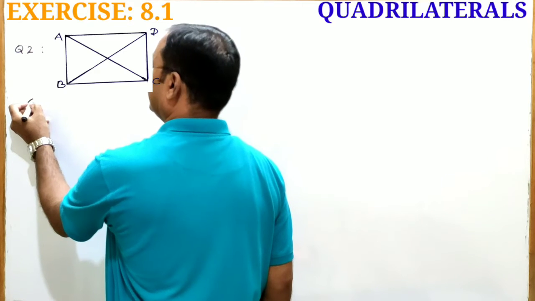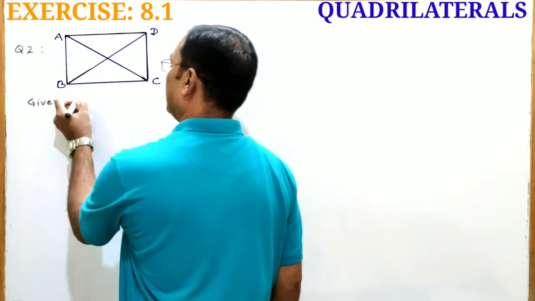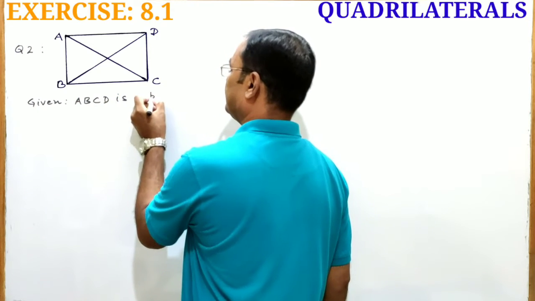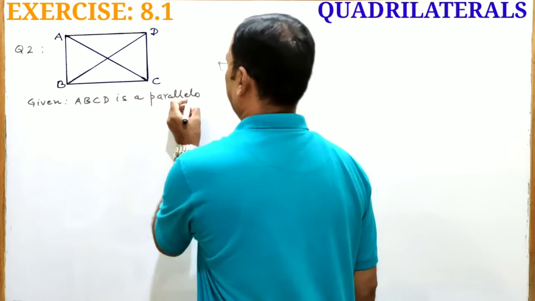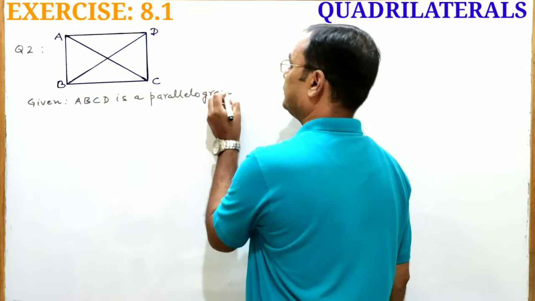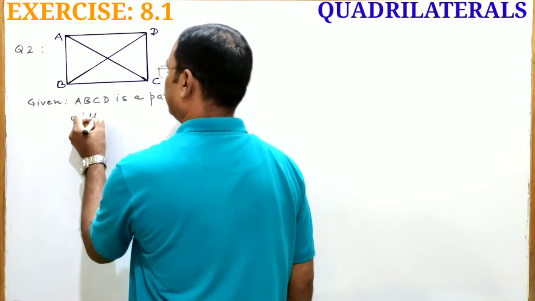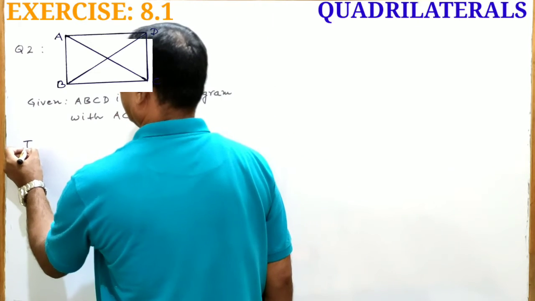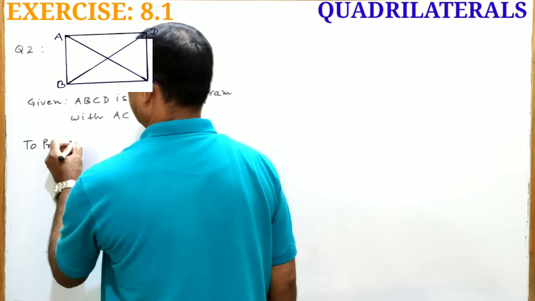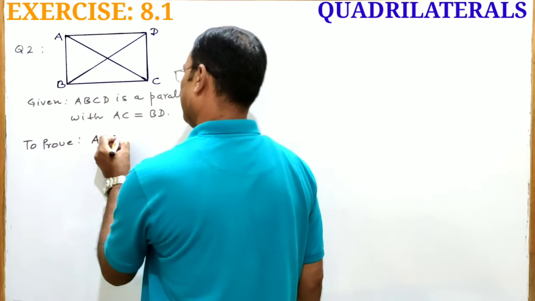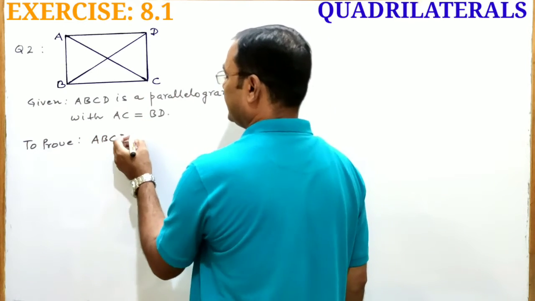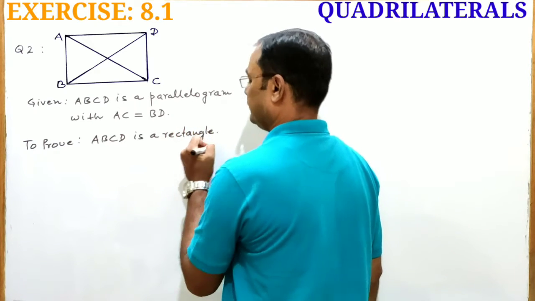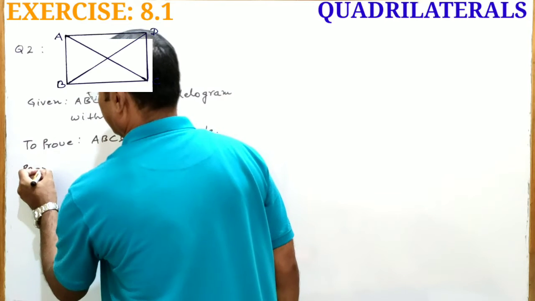So let us write, given ABCD is a parallelogram with diagonal AC equal to BD, and we have to prove that ABCD, this parallelogram with equal diagonals, is a rectangle. Proof.